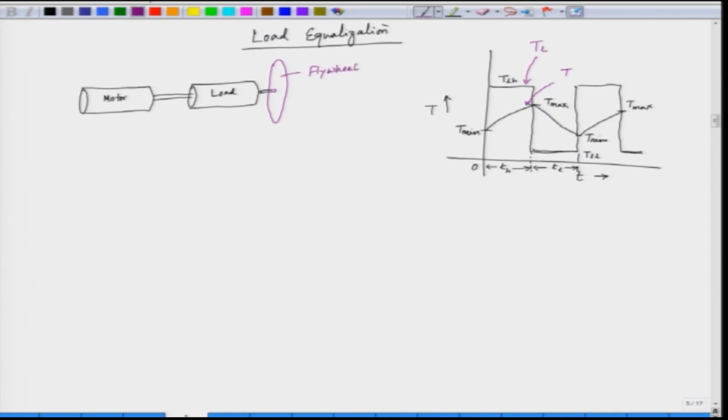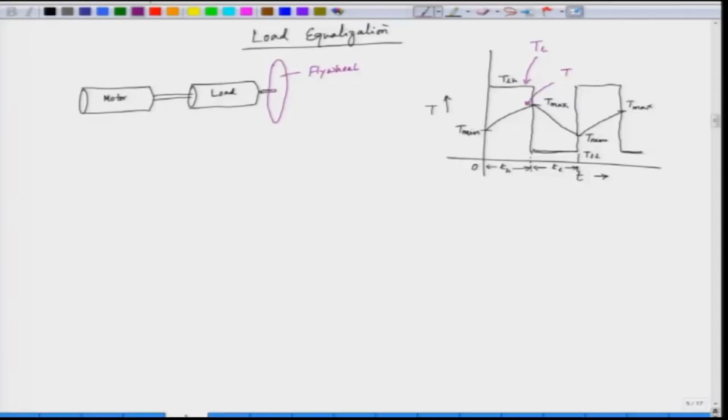Now, what does a flywheel do? The flywheel equalizes the load. It means, although the load torque variation is up and down, the variation of the motor torque is not as severe as the load torque. The differential amount is supplied by the flywheel. So, the flywheel increases the effective inertia of the system.